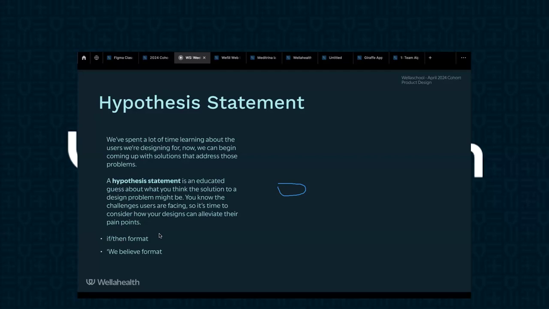If we give Stella feedback, then Stella will be able to process information better and do whatever she needs to do. If we solve this problem, this is how the patient's life is going to improve, right? So you can also use the we believe format, like we believe that if we do this, this is going to happen.